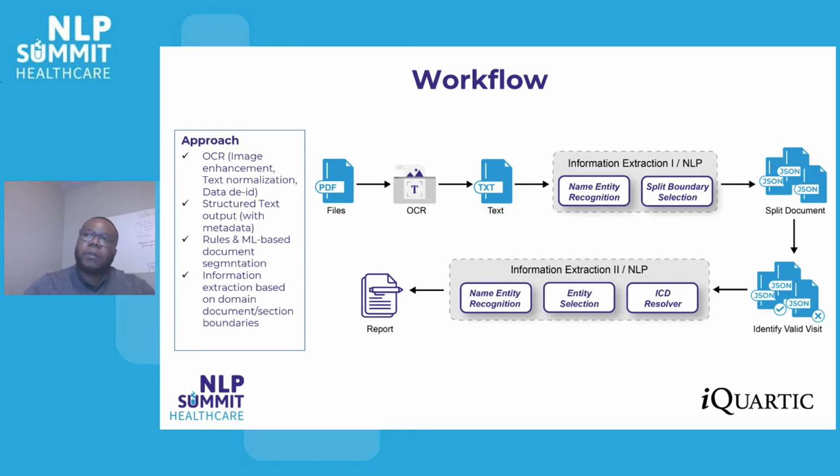In this phase, we're also leveraging NLP to perform a number of extractions, such as ICD diagnosis codes and other information that we extract on behalf of our clients. At this point, I'd like to pass it over to Alina to go into some details on information extraction phase number 1, that you see at the top. Alina?